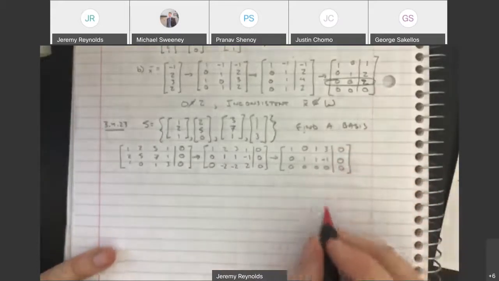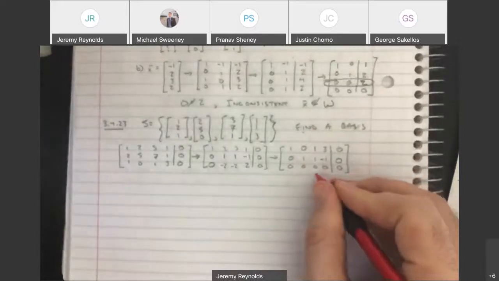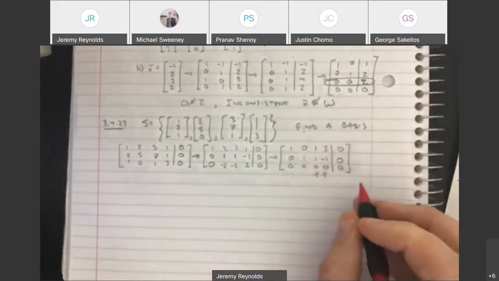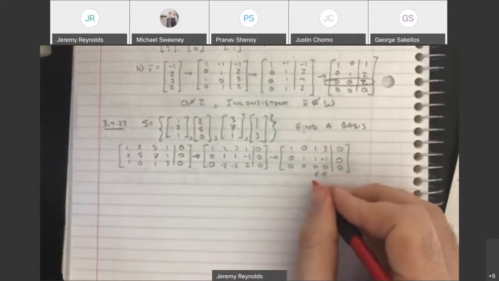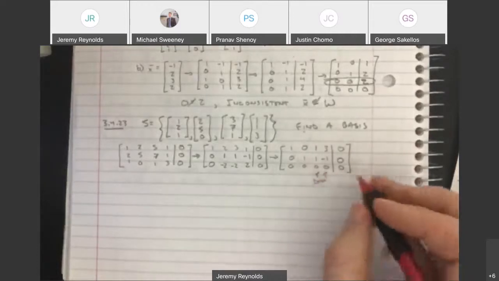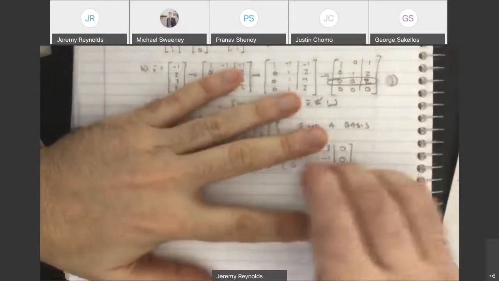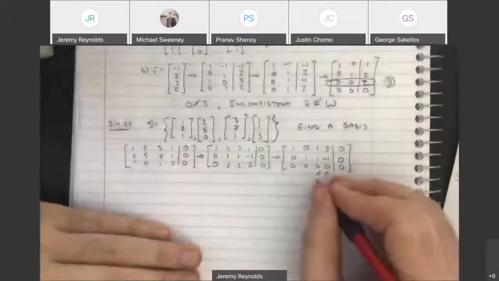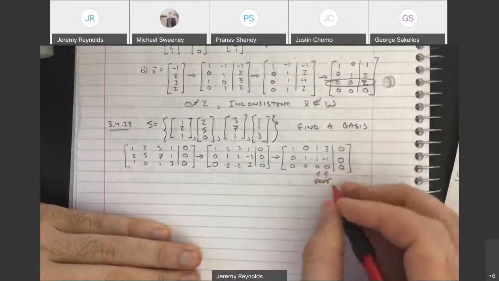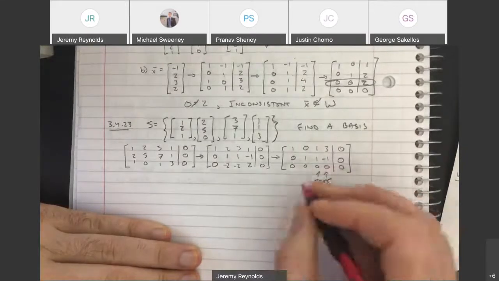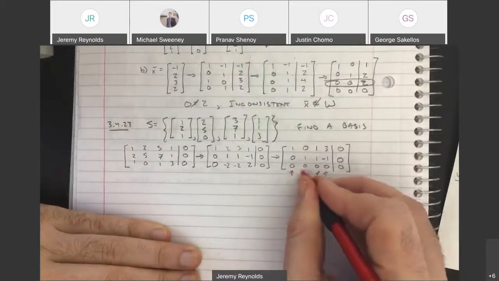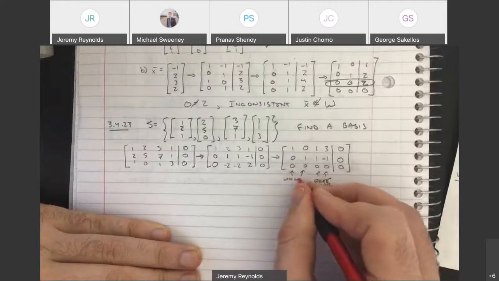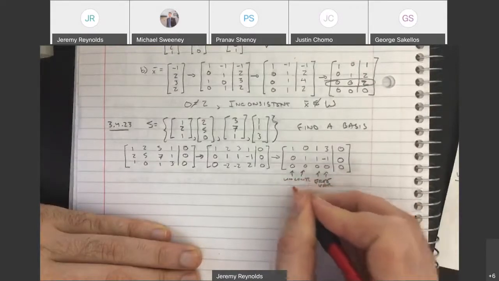And if we look at this, we notice that we have linearly dependent vectors right here. So these are dependent, or free variables, sorry. It's linearly dependent, and we have free variables in these two spots. And here, we have unconstrained variables.